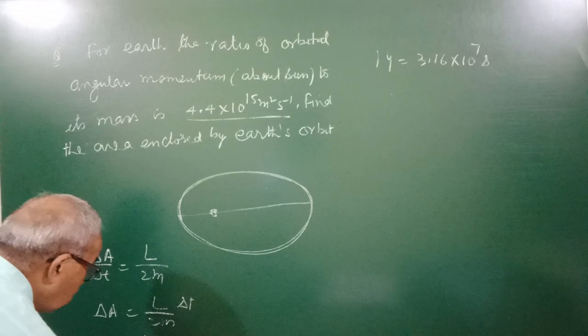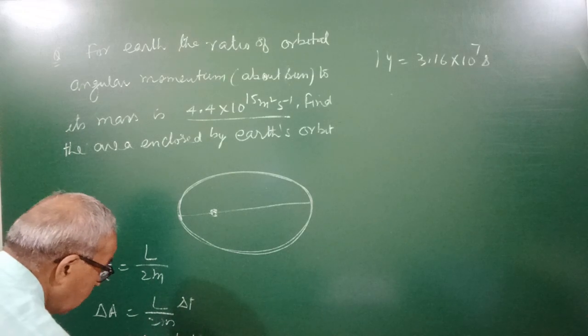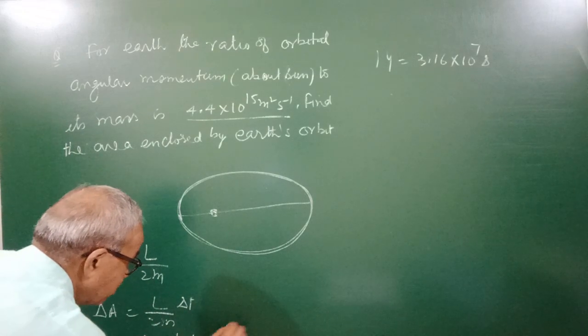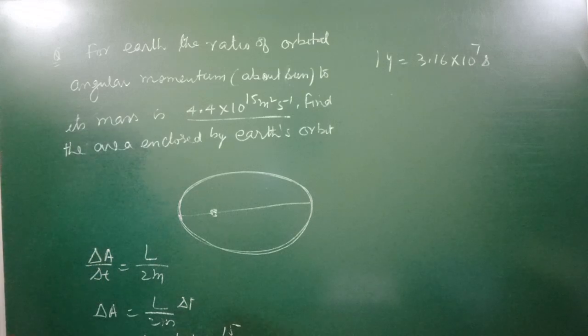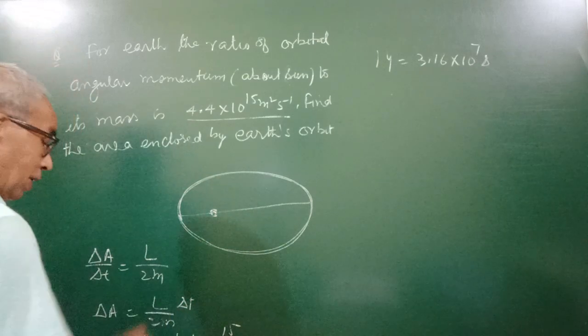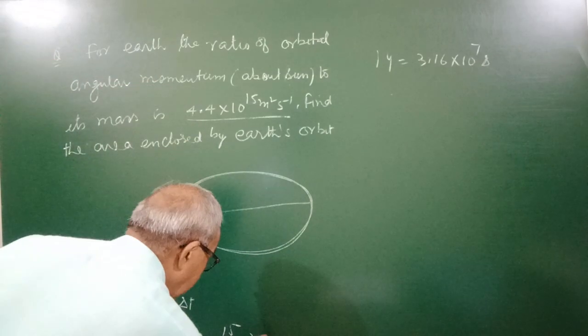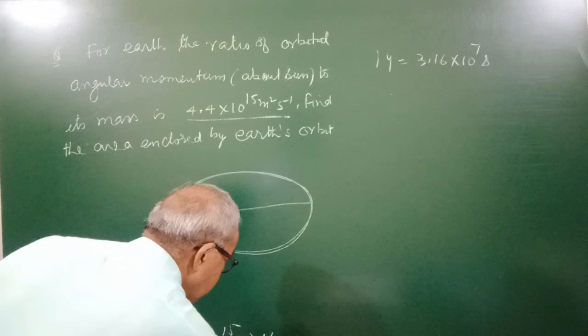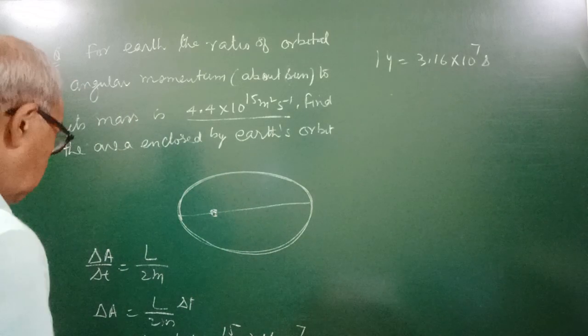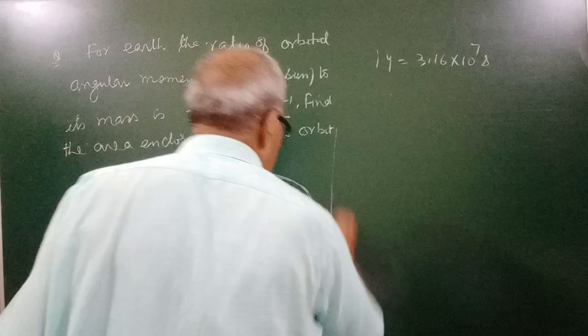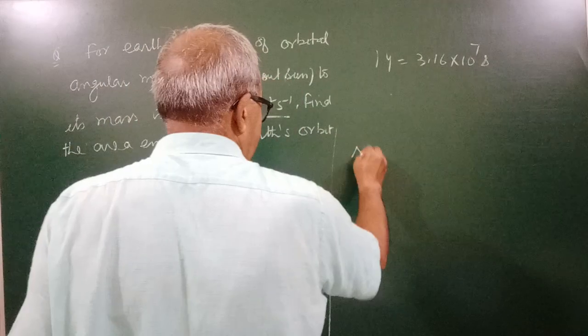So 1 upon 2 into 4.4 × 10⁻¹⁵, and this time delta T is 1 year, in seconds 3.16 × 10⁷.